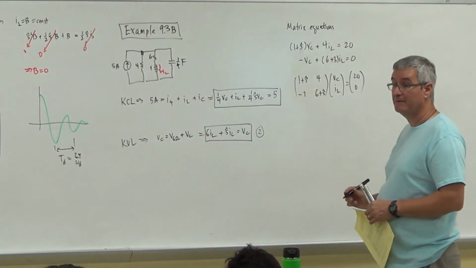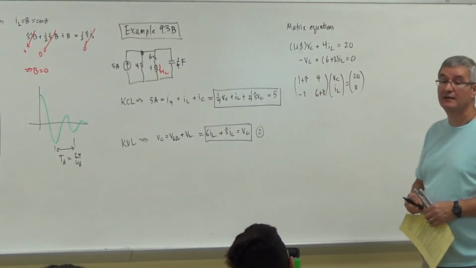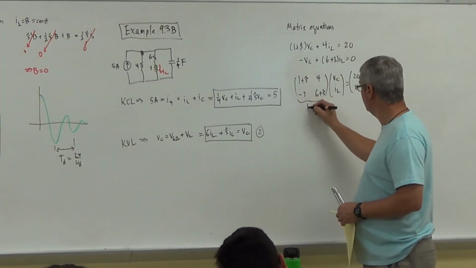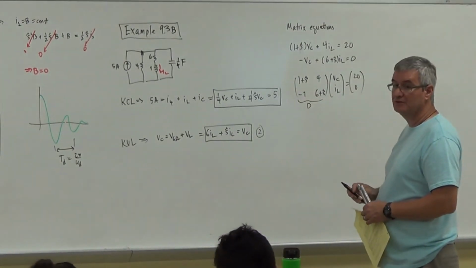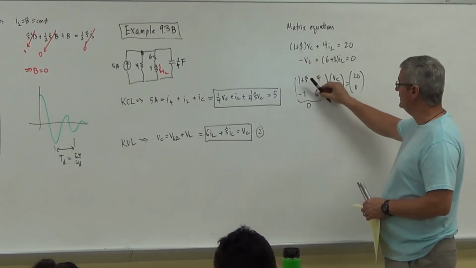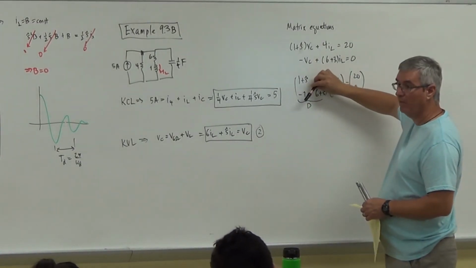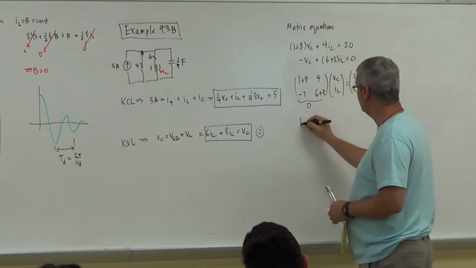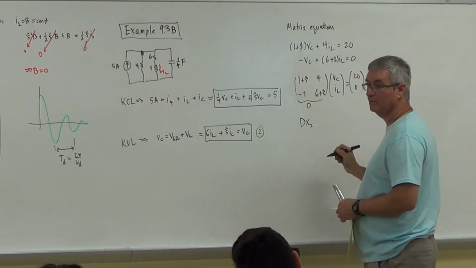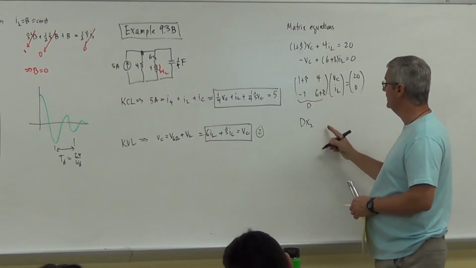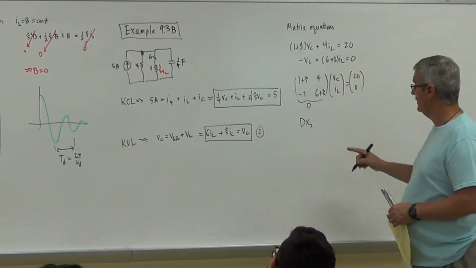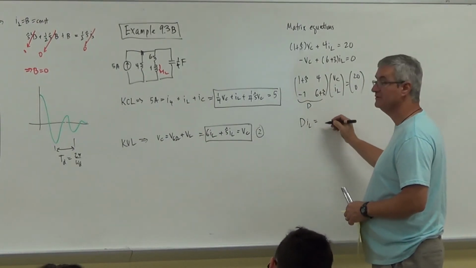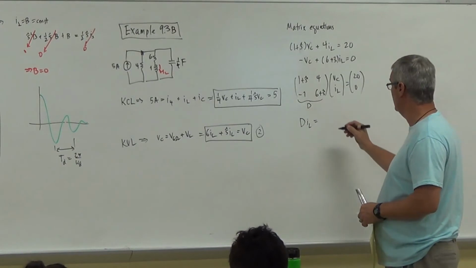Here I go. So note, I'm going to start taking a little bit of shortcuts now. We know that this guy is D. And so what I'm going to do here is calculate D right now. If I want the solution, it's got to be Dx2. But in this case, it's not x2, it's going to be IL times this determinant here.